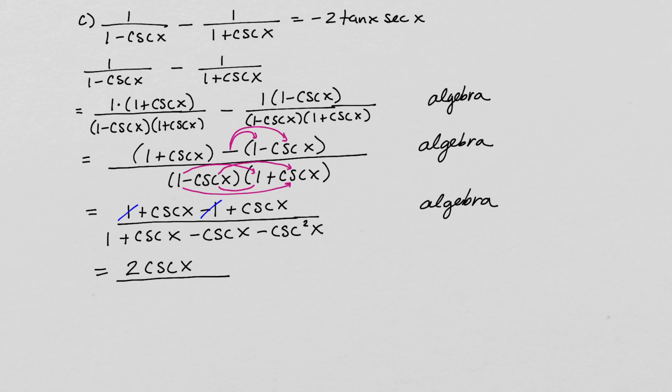And on the bottom, I have a positive cosecant of x, and that's going to cancel out with the minus cosecant of x. And so on the bottom, I'm left with 1 minus the cosecant squared of x. And again, all I've done is some algebra.